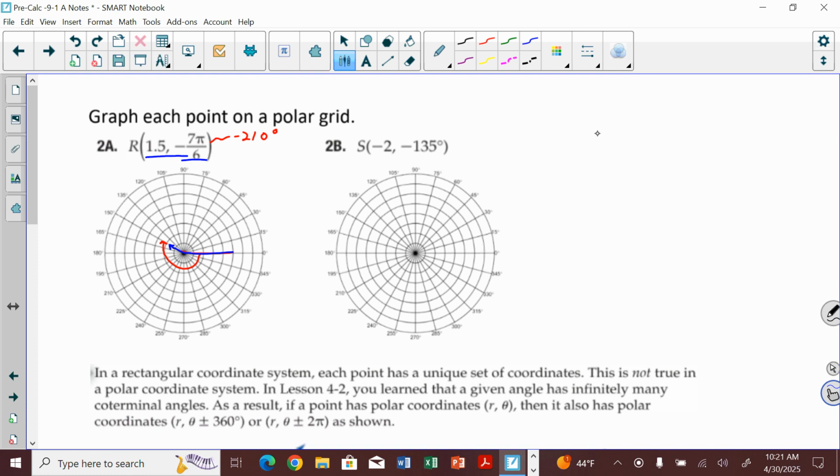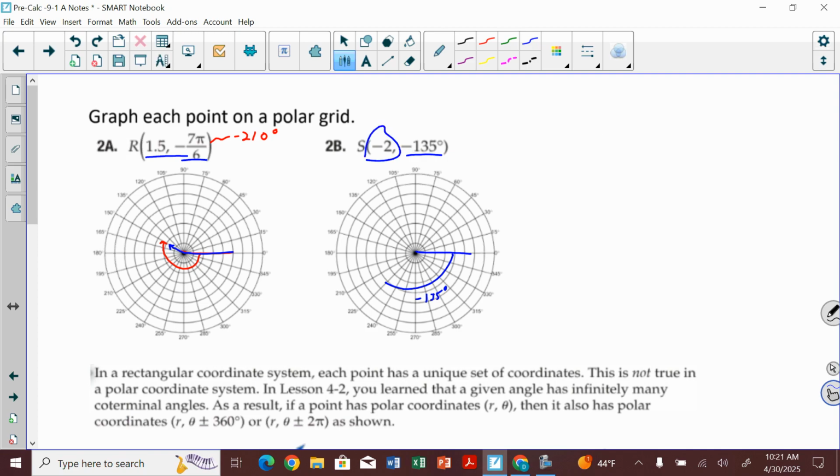Is that right? Yep. So I'm going to go back this way. 225, right? 90 would be here. And another 45 would take me there because I've got to go negative. So that's my negative 135. Okay, from here.